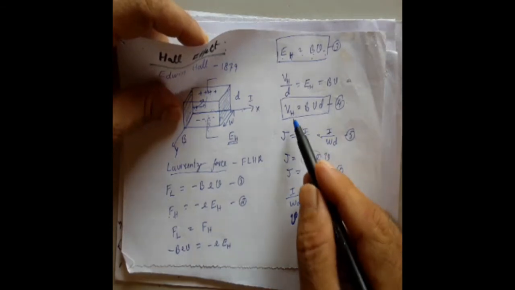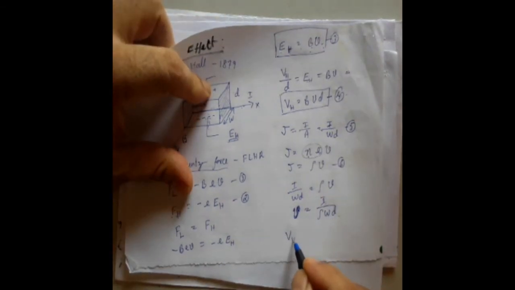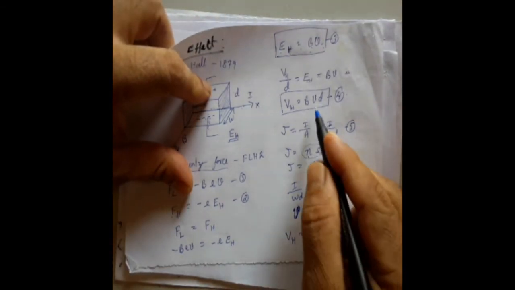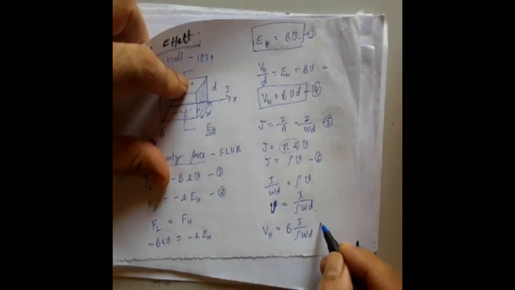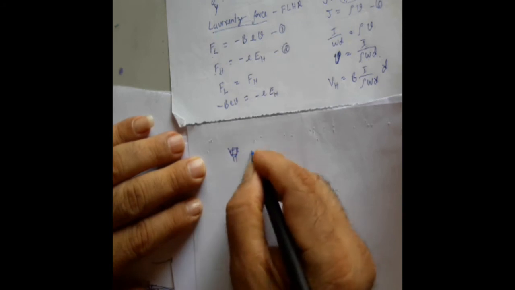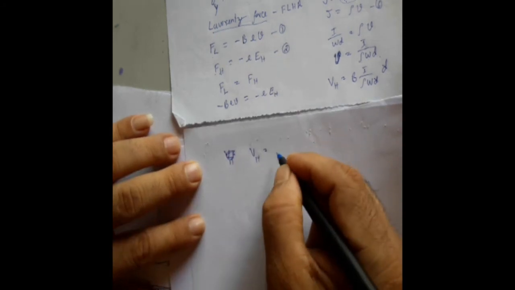Now, come to the equation for V_H. We know that V_H is equal to B V d. V is I divided by rho W d, where this d gets cancelled. Therefore, I can write V_H is equal to B I divided by rho W.